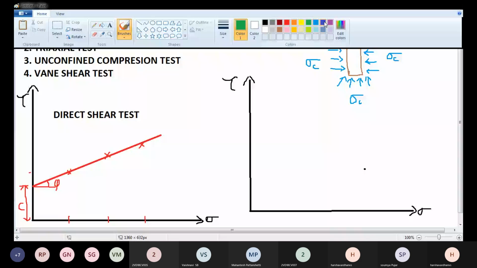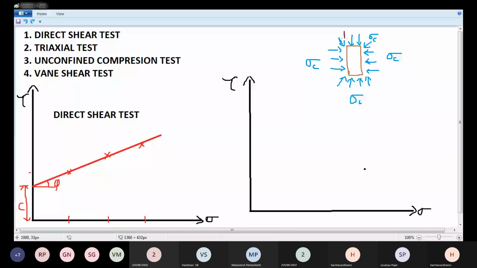We will apply vertical load, and the vertical stress at which the sample fails is called sigma D. That is deviator stress. So in horizontal direction, only cell pressure is acting, but in vertical direction, deviator stress as well as cell pressure is acting.